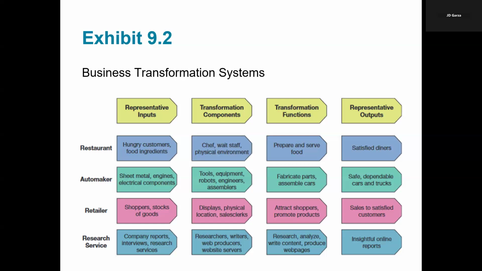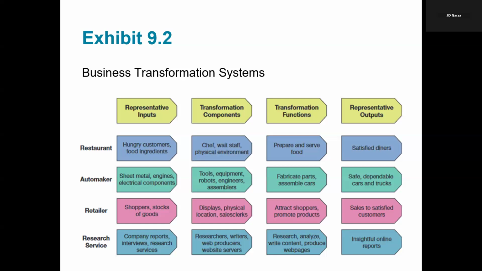The next one you have are the representative outputs. And within this representative outputs, these are the final products or services that are delivered to the customers. But they also reflect the successful completion of the transformation process, aiming to meet those customer needs and the business goals. So the first one you see here is the restaurant, meaning that this is where the output is satisfied diners as food has been served and customers' hunger has been addressed.